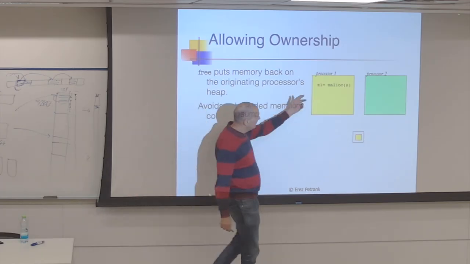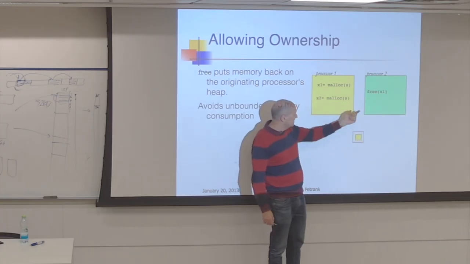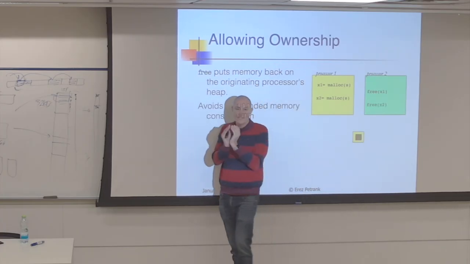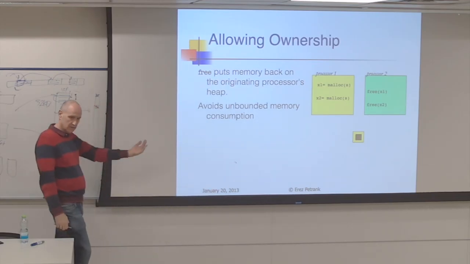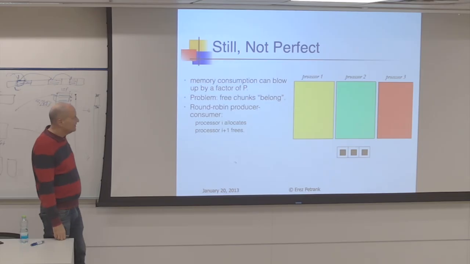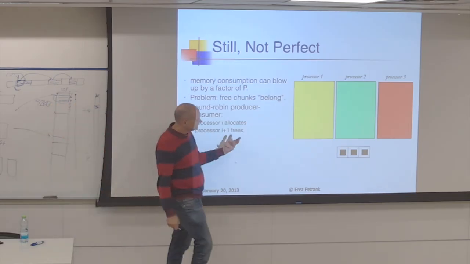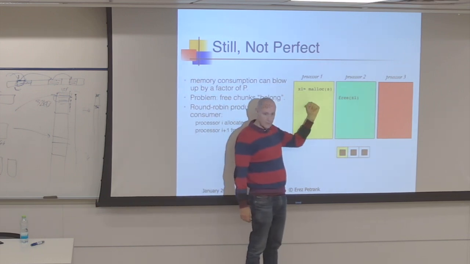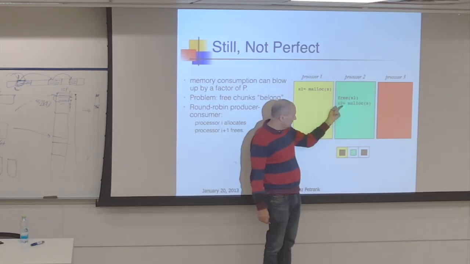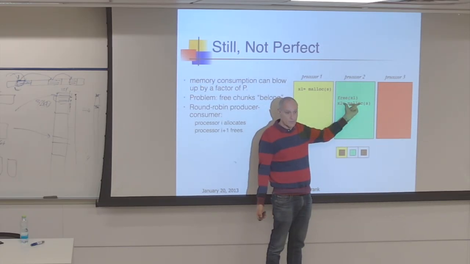So if I allocate and this guy frees, and I allocate again and this guy frees, I can use one cell for all of this. This is very efficient in this good case, but it's not perfect. There could be bad cases. If I allocate and then he frees stuff for me, then he wants to allocate, he needs to get from his own space.